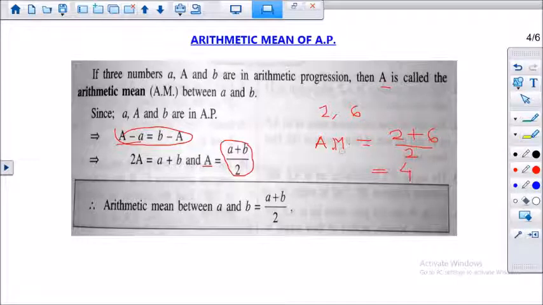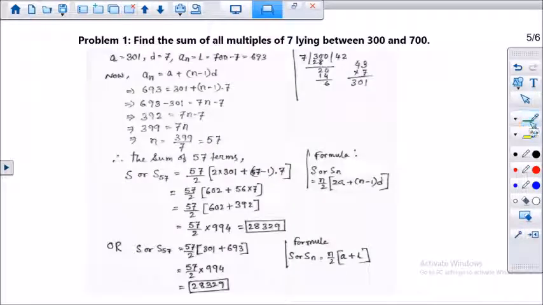So this is the rule. If any two numbers are given and we find the arithmetic mean of those two numbers, then we have to add the two numbers and divide by 2. That number will be the arithmetic mean.